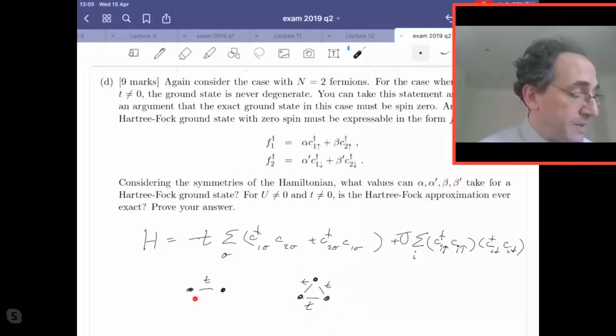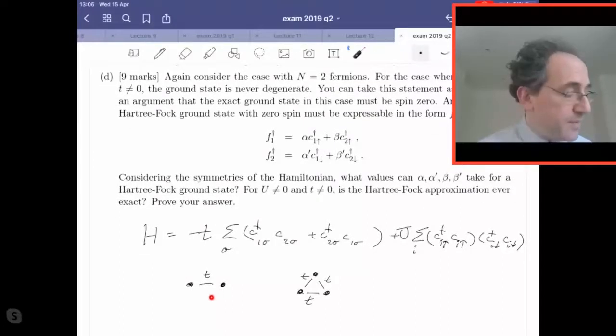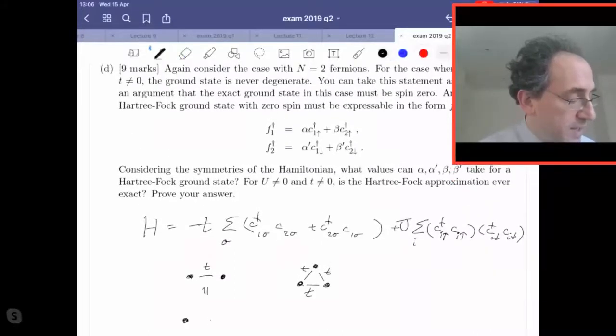And what about this? Well, what you want to do is think about the two-site problem as also being a ring, and the way to do that is to redraw it sneakily: here's two sites, and make this hopping t over 2 and this hopping t over 2.